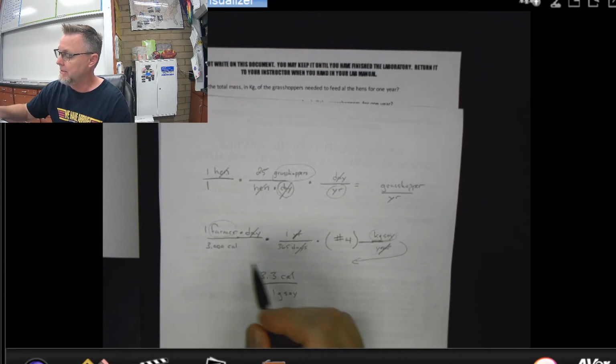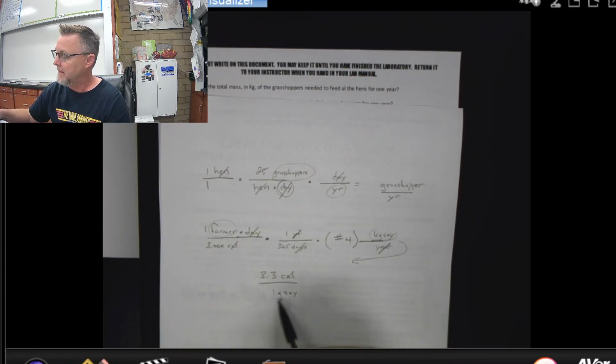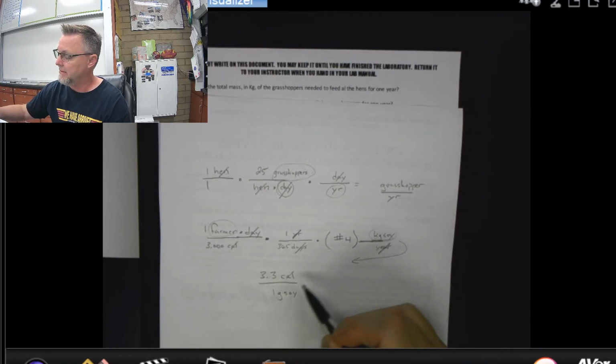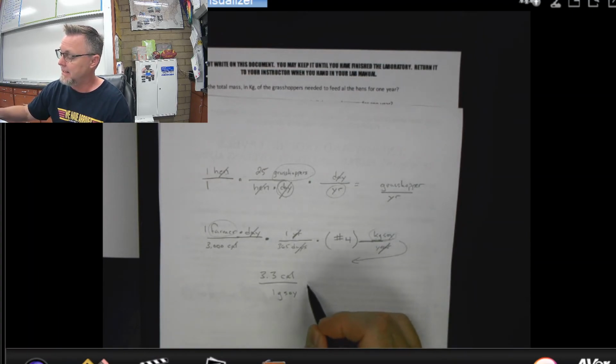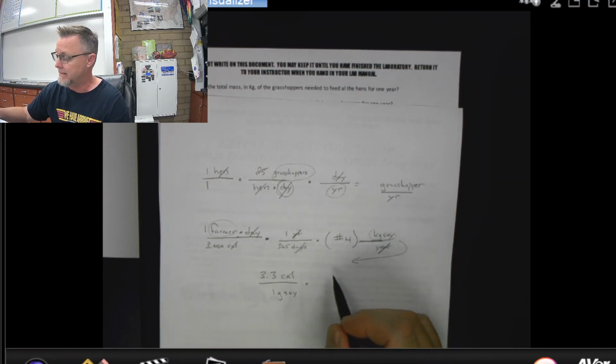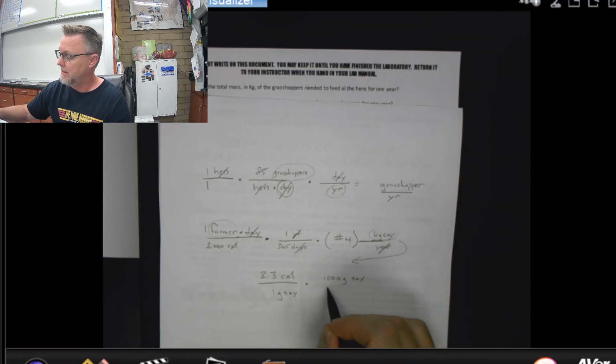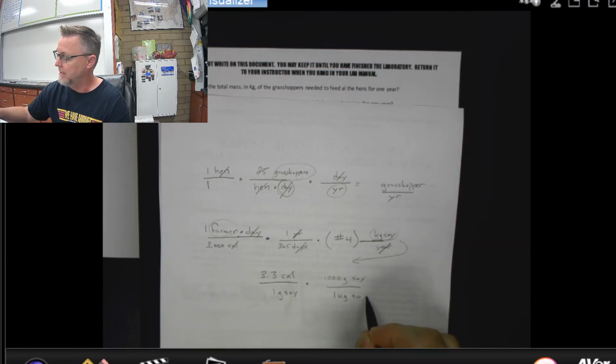My calories will cancel, but now I've got a problem: I've got kilograms and grams. So the next thing I have to do is deal with that. How many grams are in a kilogram? You should have 1,000 grams of soy in 1 kilogram of soy.